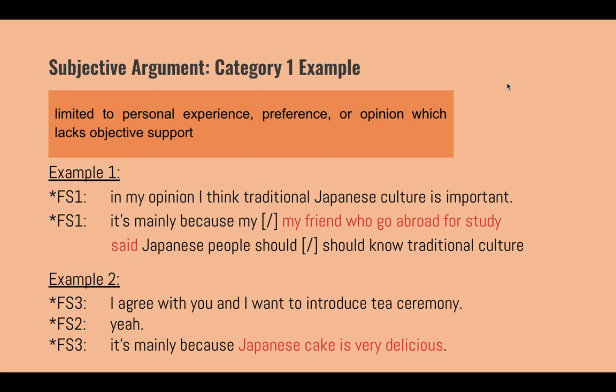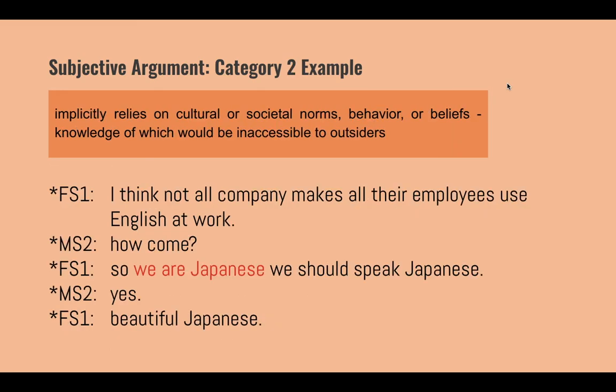Here are two examples of discourse which illustrate subjective argument category 1. And finally, subjective argument category 2. This argument type was the least abundant, occurring only a few times in the corpus.